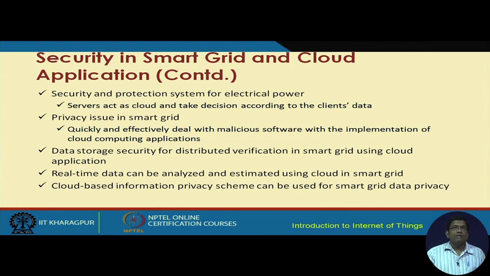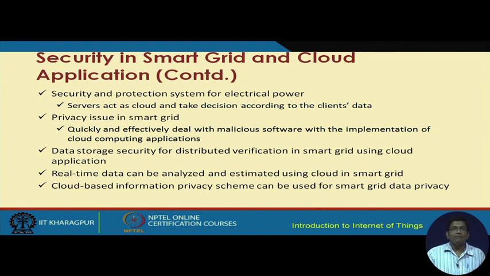So security and protection system for cloud, here we have the servers that act as the cloud and take decisions according to the client's data. There are privacy issues in the smart grid that also can be addressed with the help of the cloud in a much better fashion. But again, cloud security and privacy is also a very important concern.